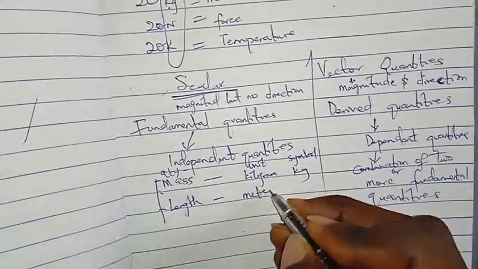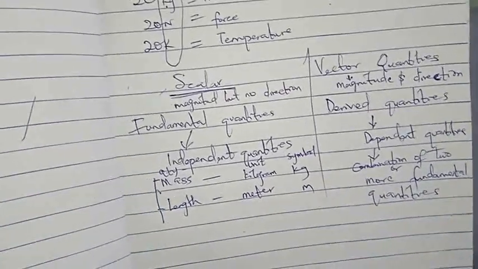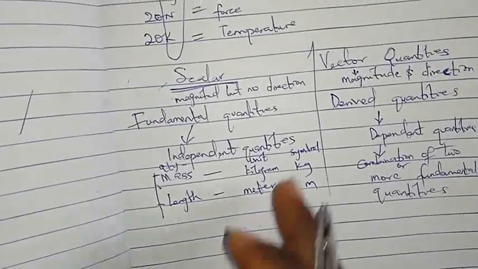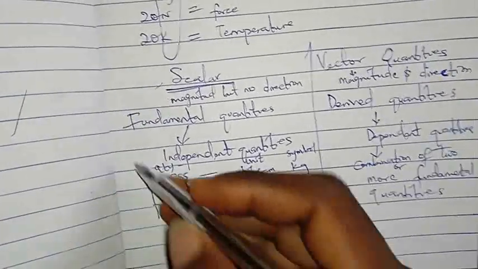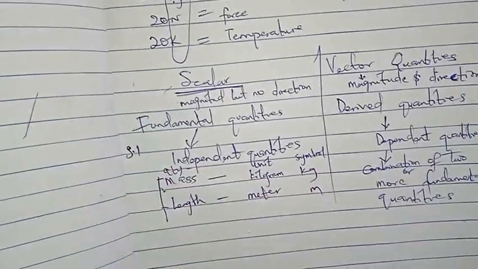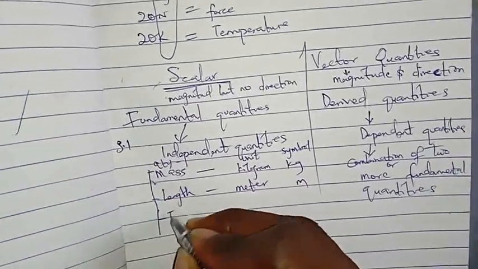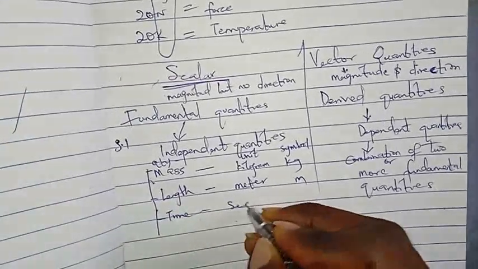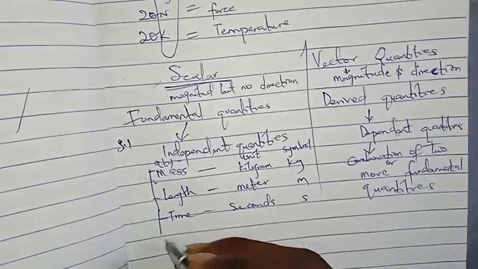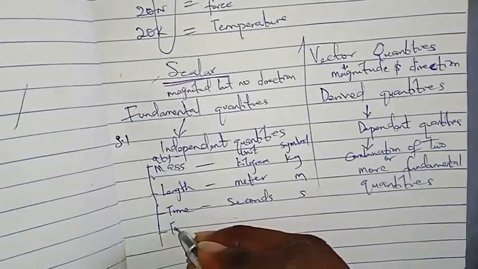Meter is the unit. M is the symbol. And all these things we are doing fall under what we call SI units, System International Units. That's the standard we are using. So we have the next one, which is time, and the unit is seconds. The symbol is S.